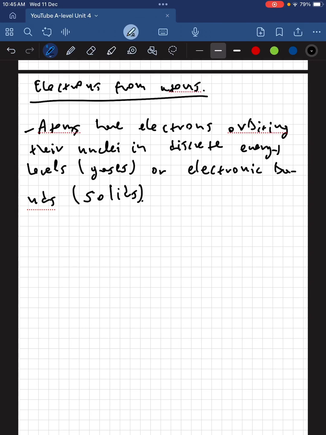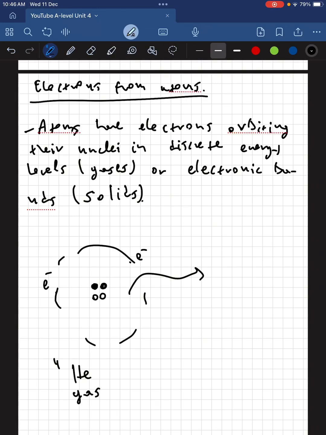So for example, if you have helium-4, I don't know why I like helium-4 so much, but anyway, it serves its purpose here. So this is my helium-4 gas, and because it's a gas, you can easily observe discrete energy levels.